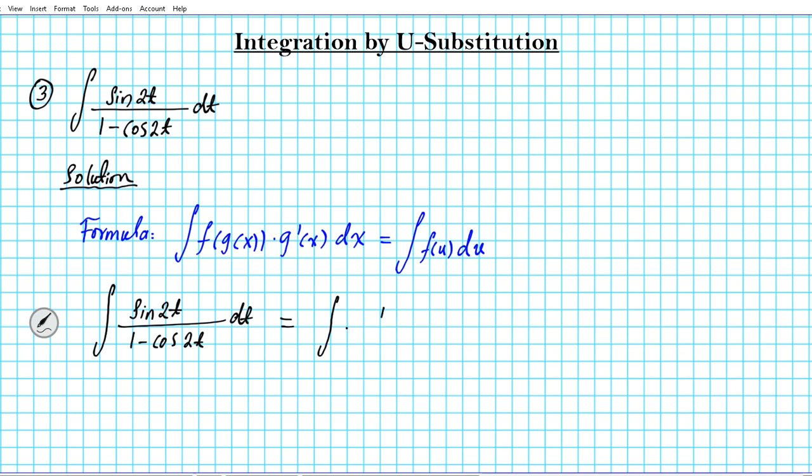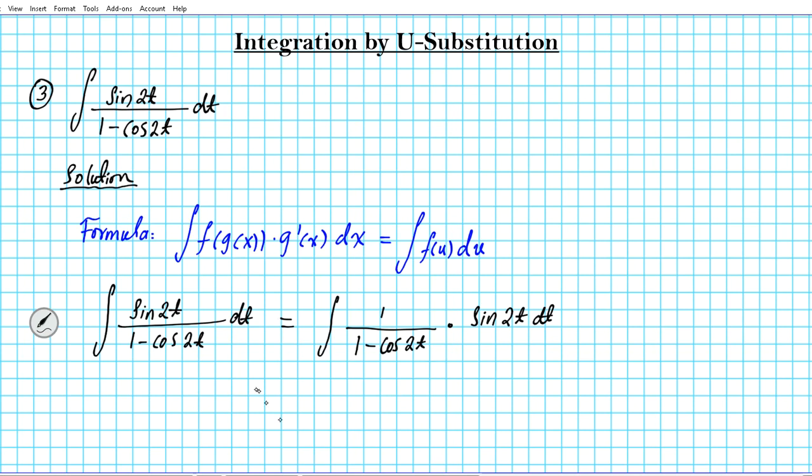Alright, so the composite function, which is a composition of a rational function, a linear function, and a trigonometric function, is 1 over 1 minus cosine 2t, and then times the other function, which is the derivative of g of x. Okay, the derivative of the inner function. So we have sine 2t dt.